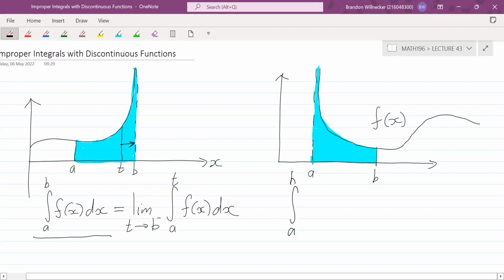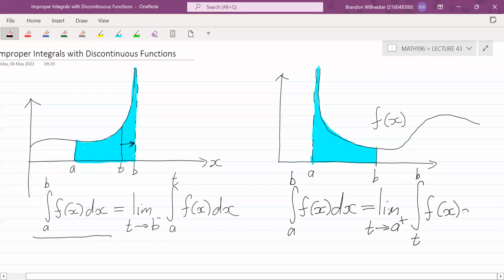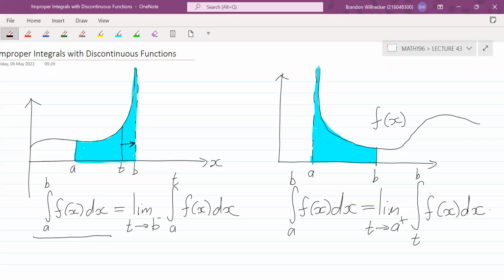So the integral from a to b, f of x dx, we can't substitute a directly because the function's infinite. So instead, we take the limit as t approaches a plus, because we're going from the right-hand side now. And then we take the integral from t to b, f of x dx. So depending on which side of the asymptote you're working with, you will then take the appropriate limit, either the limit from the right or the limit from the left.